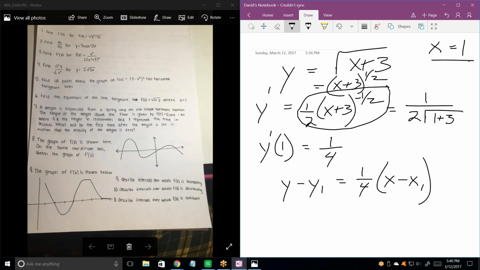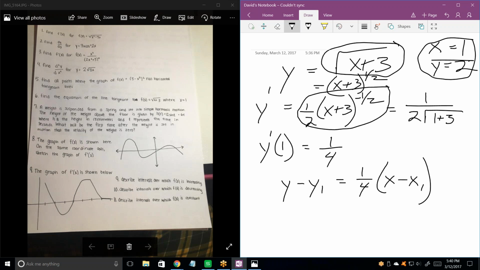You got to plug it into the original function. So plug in the x value for that, and you get y equals 2. So in the original function, when x equals 1, y equals 2, there's my point right there.